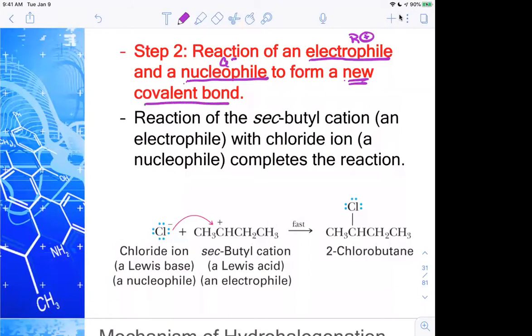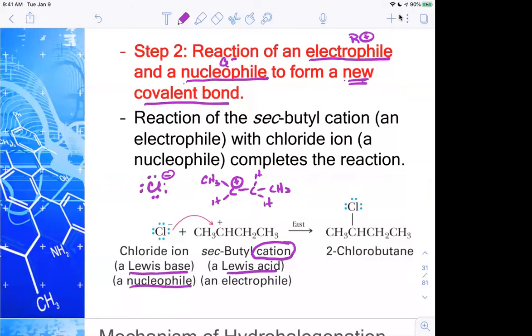So remember what's going to happen here. I'm going to draw this out again. This is my positive charge. My chlorine, with all of its electron density, is going to be the nucleophile or the Lewis base because it has an electron pair that it can donate. The carbocation is going to be a Lewis acid because it wants to accept an electron pair.